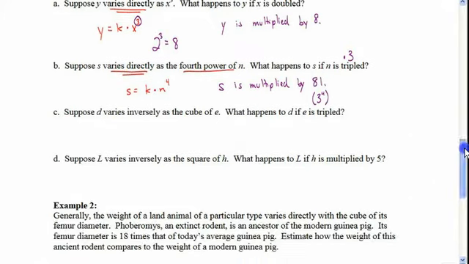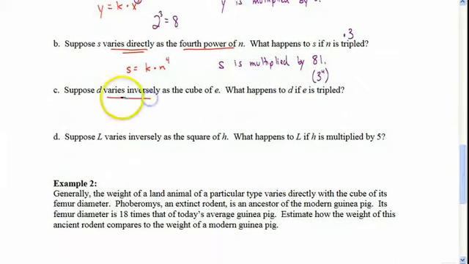Suppose d varies inversely. You want to make sure you read these carefully. Don't just get in the habit of following one pattern here. D varies inversely this time, so that means it's going to be equals k divided by something, as the cube of e. What happens to d if e is tripled? So d varies inversely, so it's going to be d equals k divided by the cube of e.